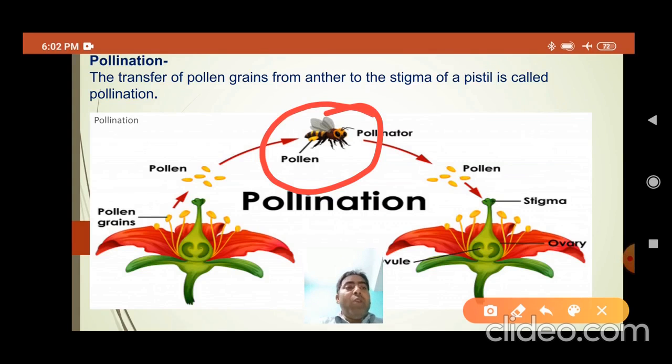When these bees sit on another flower, or another flower on the same plant, the pollen grains are deposited on the stigma.